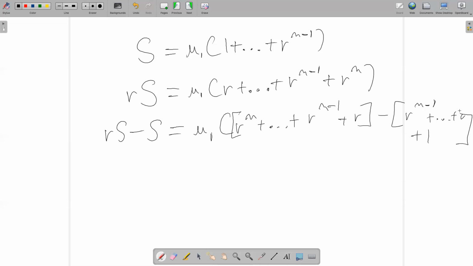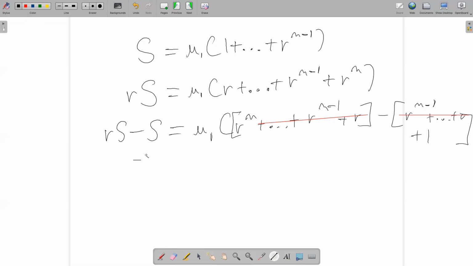As you can see, all these little terms in the middle here, r to the n minus 1, r, and so forth, will get canceled out. All that will be left is the r to the n and the 1, which are unique to the rS and S equation, respectively.